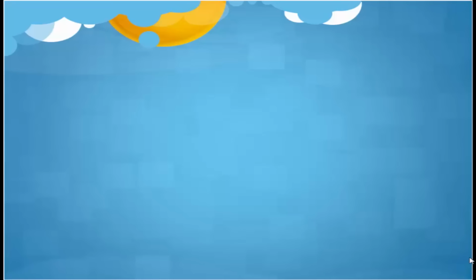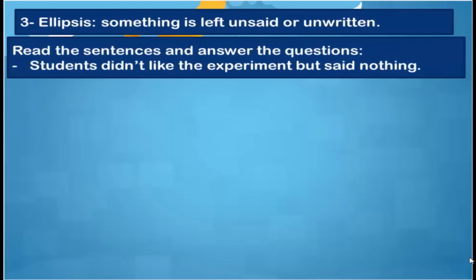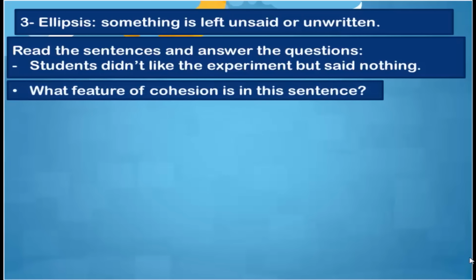That's great. Number 3, ellipsis. Ellipsis means something is left out or omitted. Something is left unsaid or unwritten. Read the sentences, please, and answer the questions. Students didn't like the experiment but said nothing. What feature of cohesion is in the sentence?